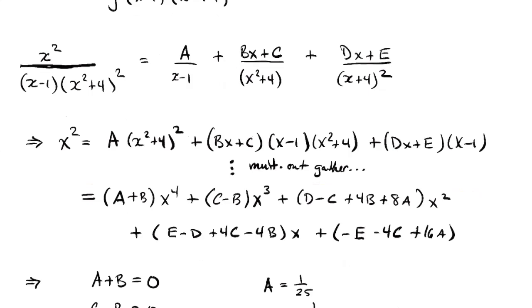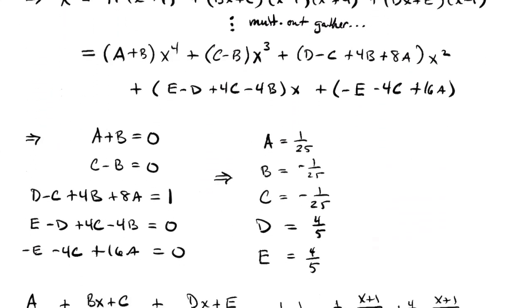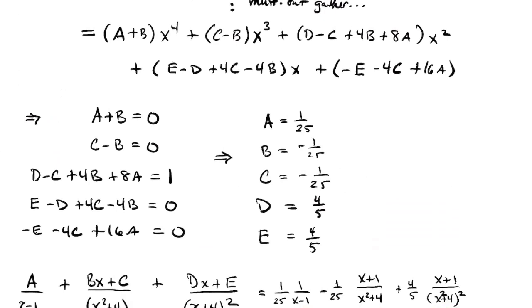And you'll get this. You get a plus b, that's the coefficient of x to the 4th, c minus b, x cubed, and so on. Okay, so I'm getting my coefficients of x to the 4th, cubed, squared, x, and the constant term. Over here on this side, I see that the coefficient of x squared is a 1, and the other powers of x all have coefficient 0, right? So I'm just going to take those coefficients and write down the system of equations, right?